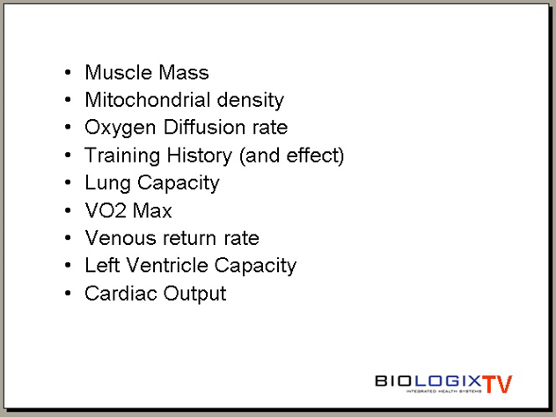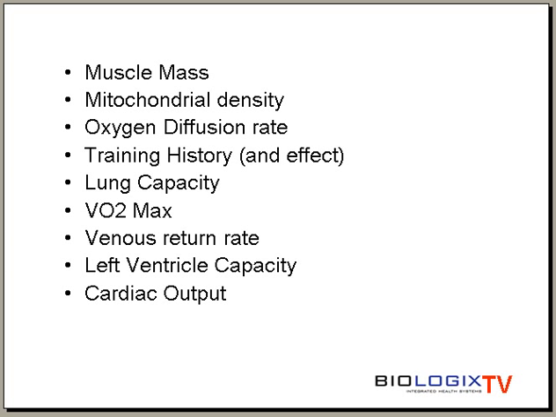What about lung capacity? What about blood plasma volume, venous return rate, left ventricle size, power, and ability to maximize cardiac output? Are all these things identical with age? Of course not.